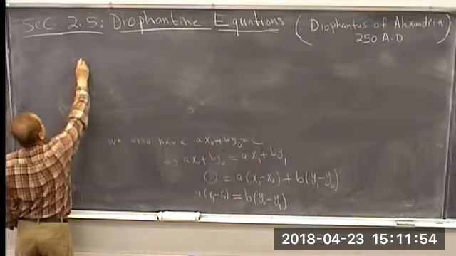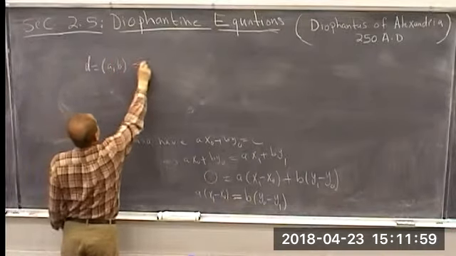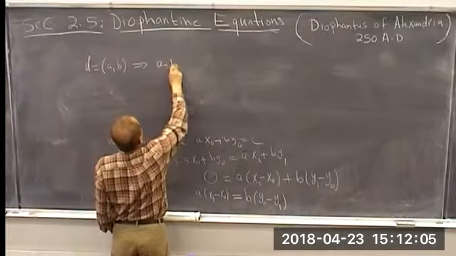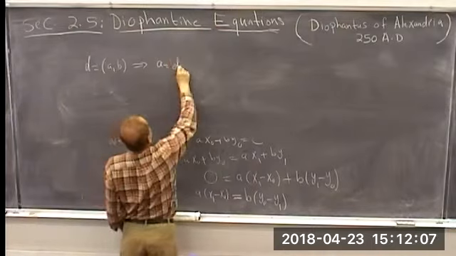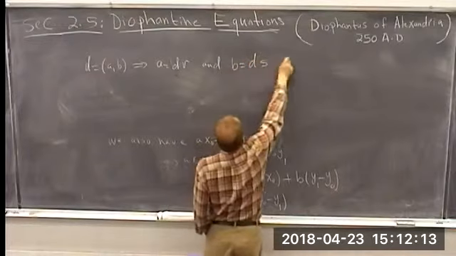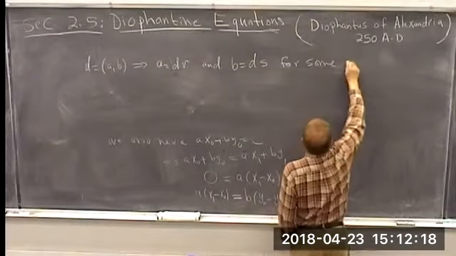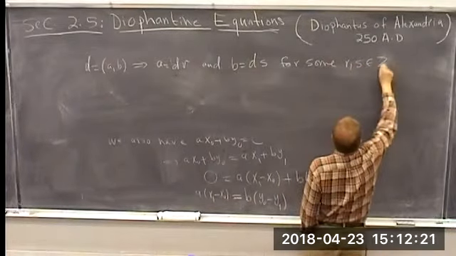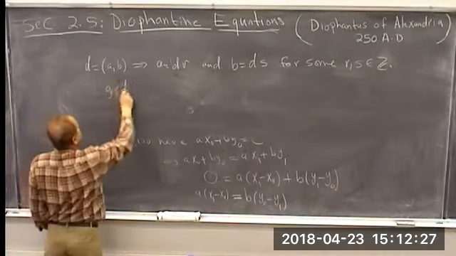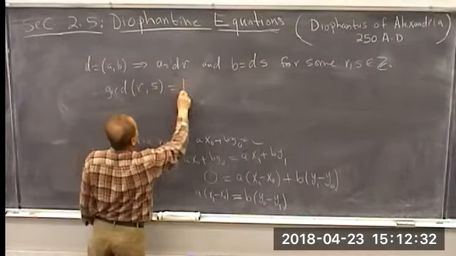Next, let's consider d is equal to gcd of a and b. This implies, again, a is equal to d r, and b is equal to d s for some r, s in Z. Moreover, we know that the greatest common divisor of r and s is equal to 1.